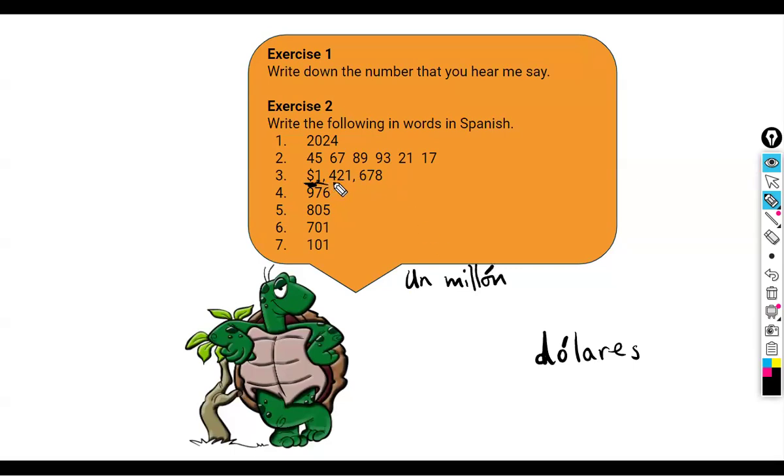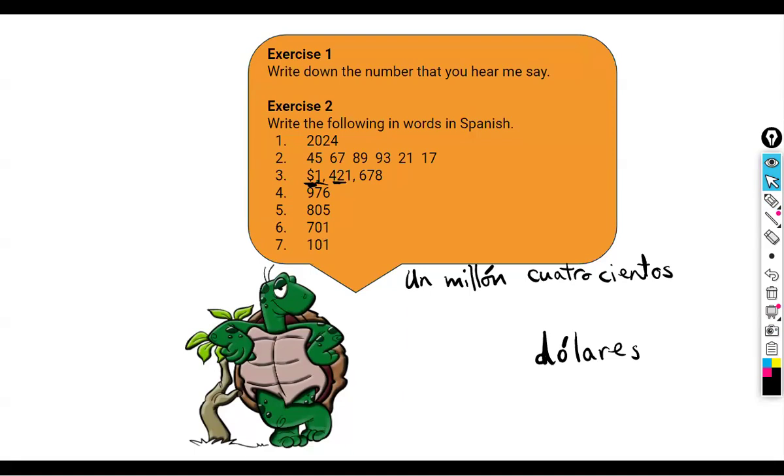All right, 421. What's 421? 400, first of all, so cuatrocientos. The one above was individual, but this number 3 is one number.